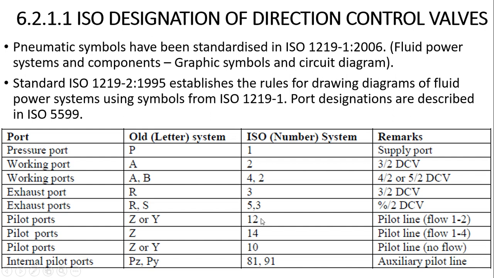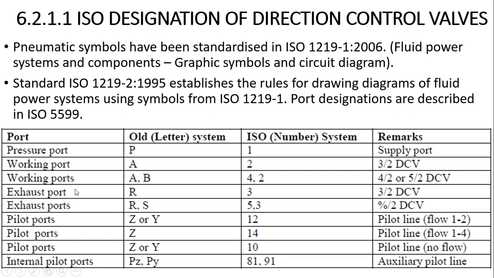In the number system it is 12 and 14. Here you can see 1 always stands for the pressure port and 2 always stands for the working port. The connection will always be from the pressure port to the working port, or from the working port to the exhaust port.